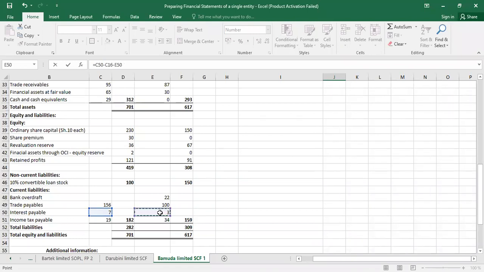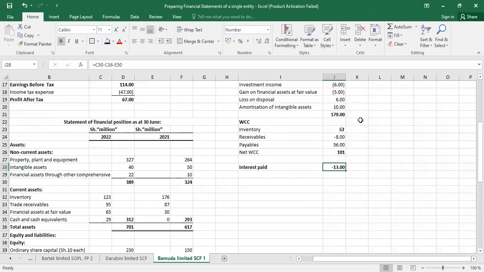So that's why I was saying, you see, this one is an expense, isn't it? It has been paid out, interest payable, isn't it? And the one in the middle, the adjustment, it is what is the expense, isn't it? So control enter, control backspace, you find it is 13.